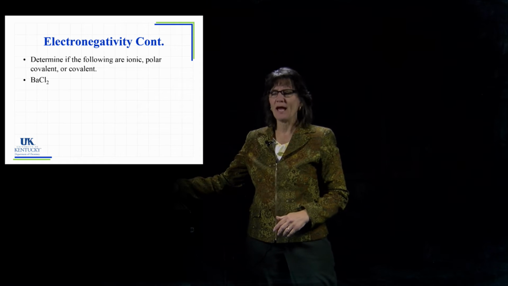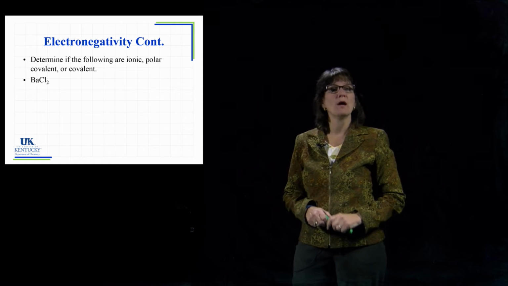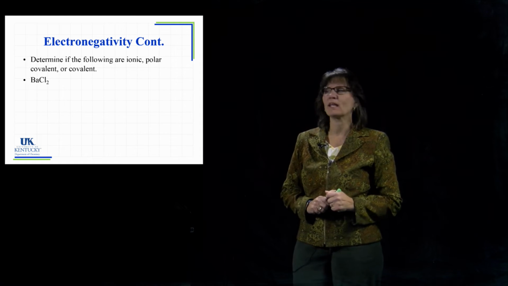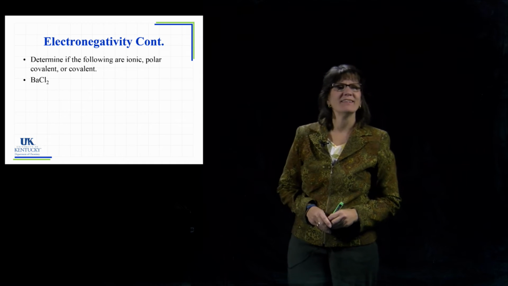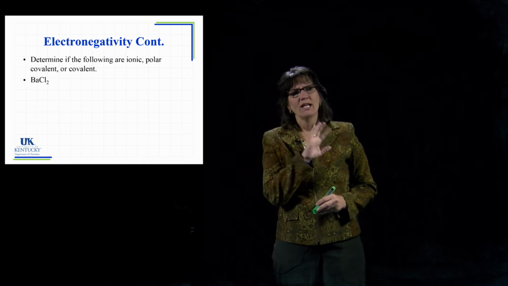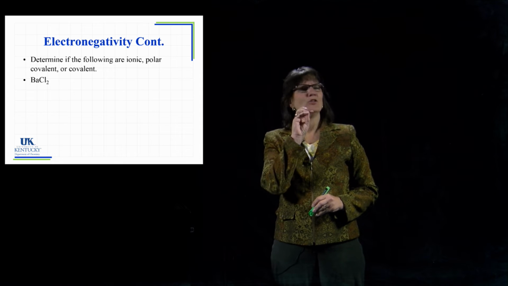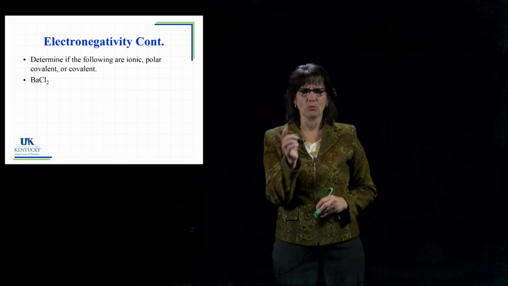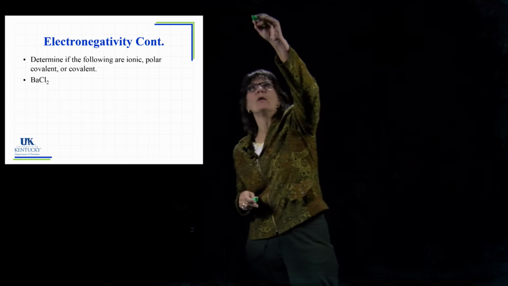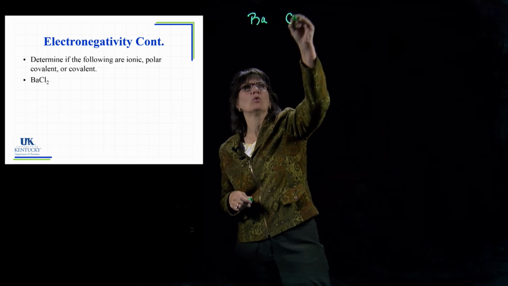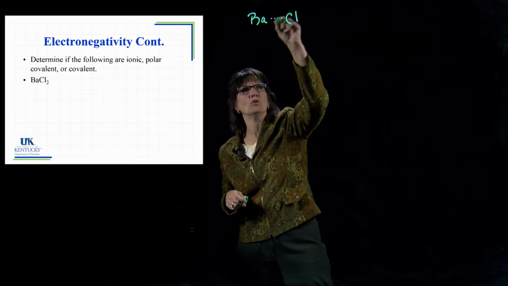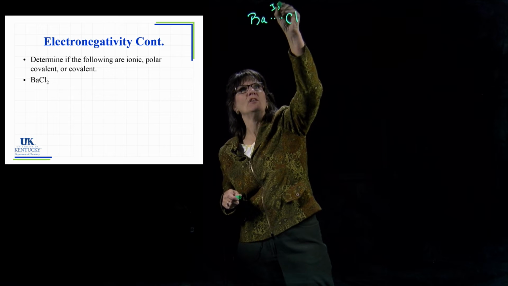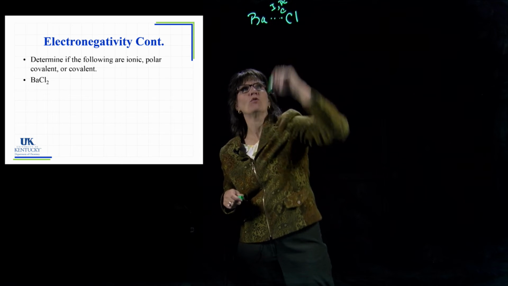The first thing we have to do is come up with the numerical values for the electronegativities of those atoms. See that it has a subscript of 2? We don't have to do anything with the electronegativities like double it. We're just considering the bond between barium and chlorine, this connection between these two. Is it ionic, polar covalent, or covalent?